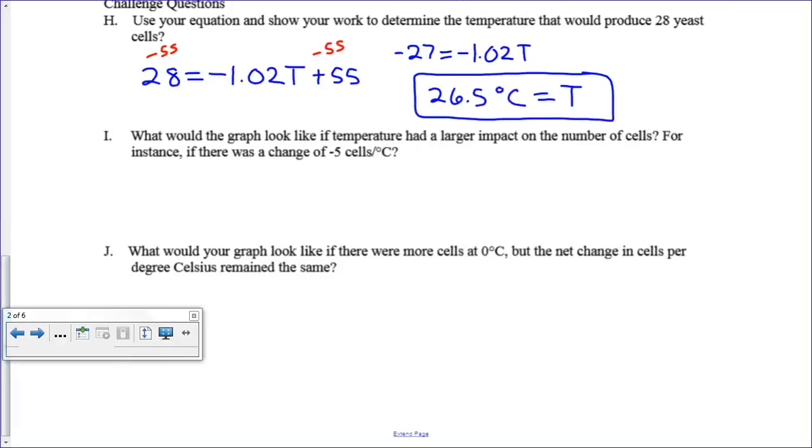These last two questions are more conceptual. So it says, what would the graph look like if the temperature had a larger impact on the number of cells? For instance, if there was a change of negative 5 cells per degree Celsius. All right, so here when you look at this, it might be a little confusing what that means. But when you see cells per degree Celsius, that should sort of remind you of something that you saw earlier.